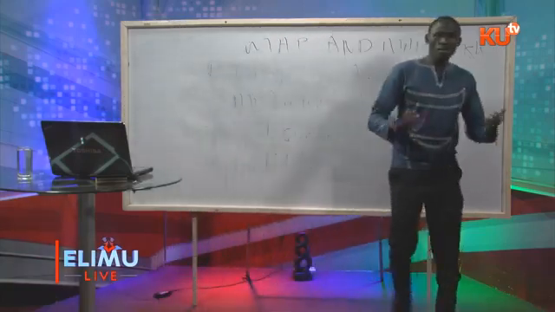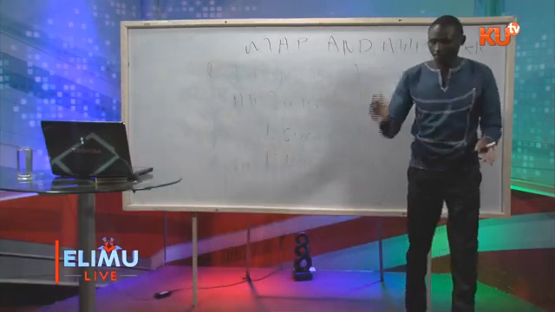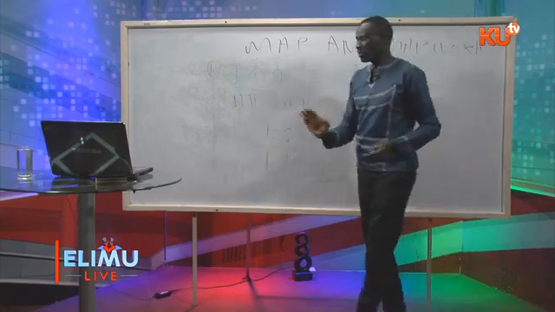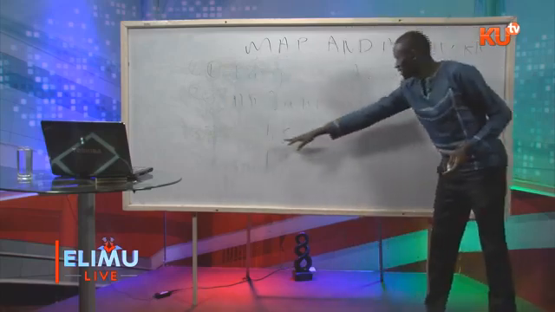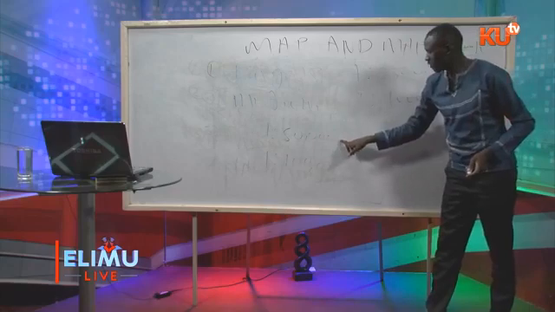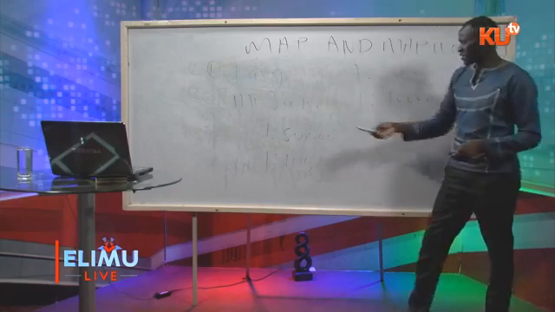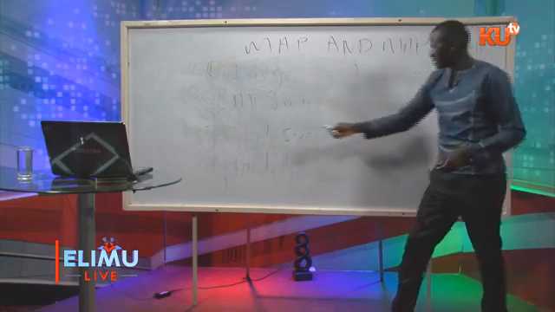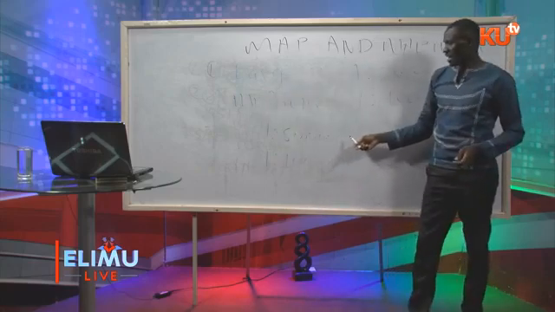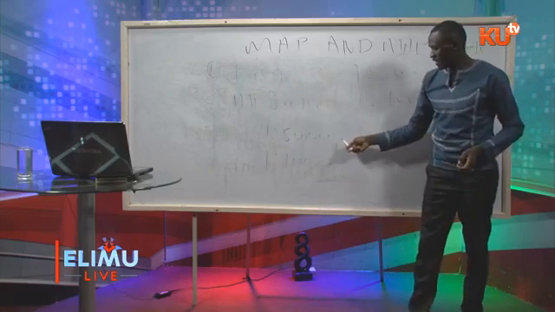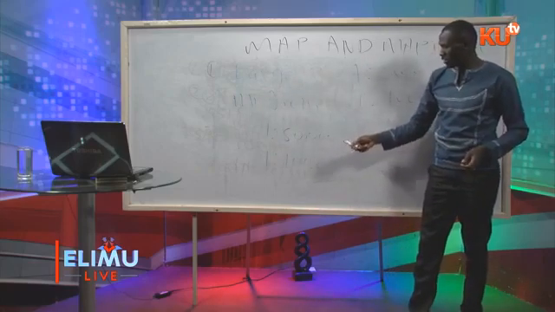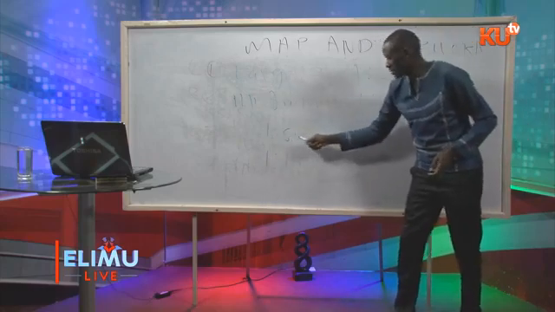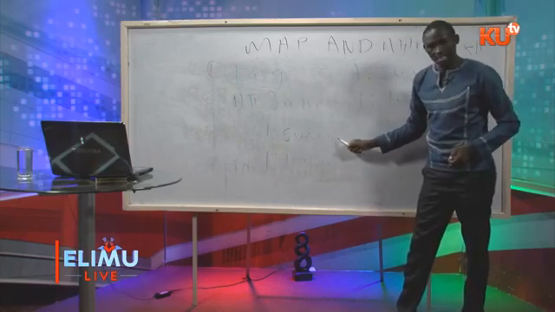Say, for example, we want to focus on Nairobi, and the scale that we want to use is 1 to represent 50,000. So, for example, we can say that 1 centimeter represents 50,000 centimeters. Or, for example, you can say 1 kilometer is represented by 50,000 kilometers.